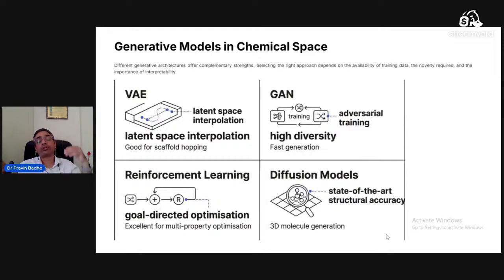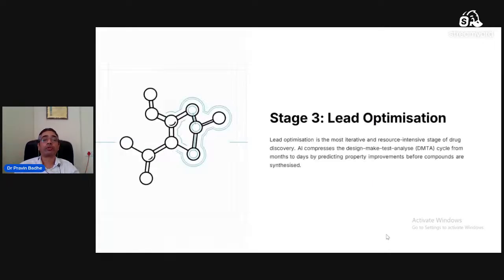So when you want the molecule to be optimized for different properties, then reinforcement learning can be used. And when you want 3D molecular generation, diffusion models can be utilized. These are the generative models for chemical space, and based on the approach you want, different models are available which can give you novel molecules.